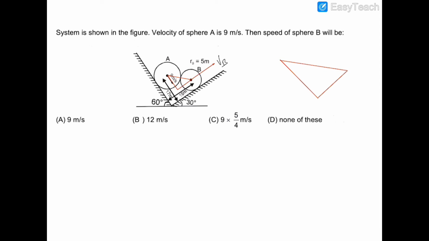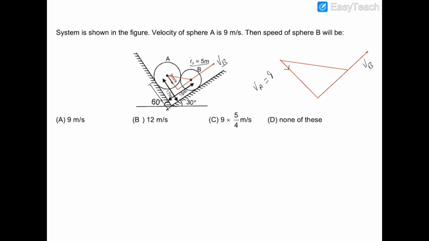This is the triangle I'm talking about, and this velocity of ball B is Vb, and this velocity of ball A is Va, which is equal to 9. And now we have to find the dimensions of this triangle to identify the angles. You can see that the radius of ball B is given as 5 and this is given as 17.